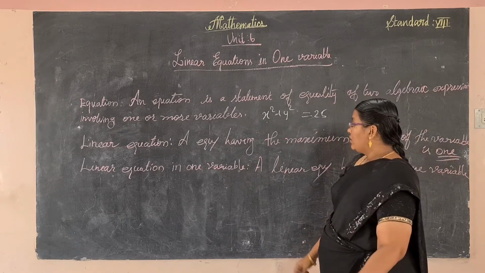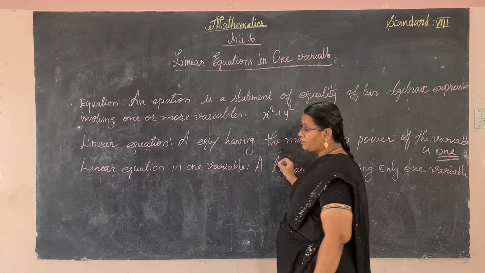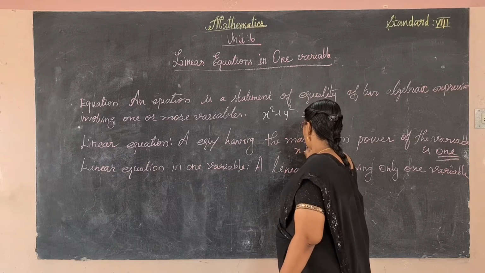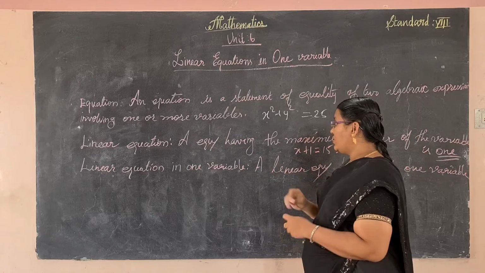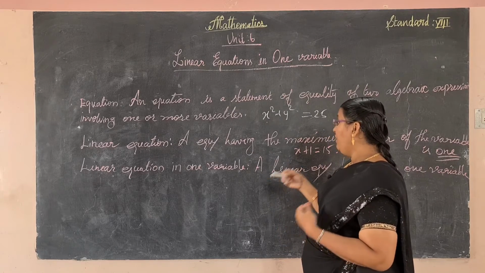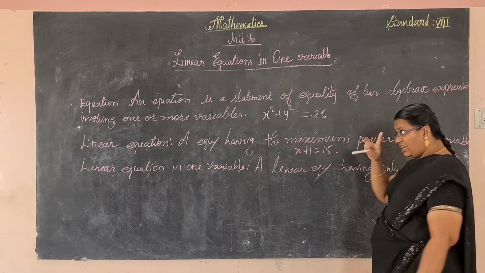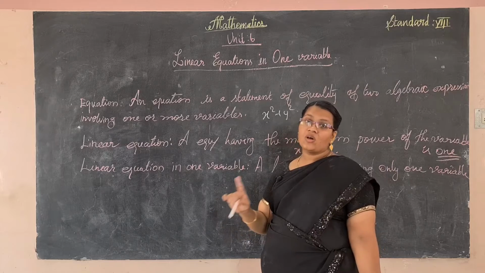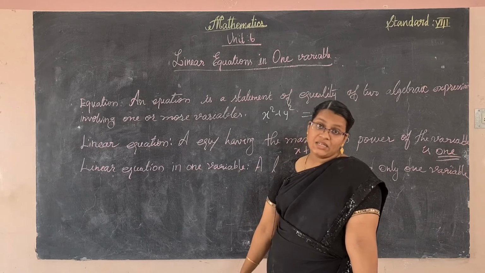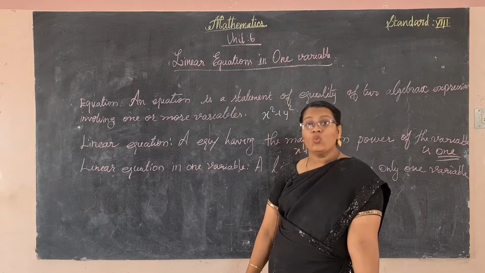For example, x plus 1 equal to 15. That is an example for this. And a linear equation in one variable is a linear equation having only one variable, and the highest power of the variable is also 1.